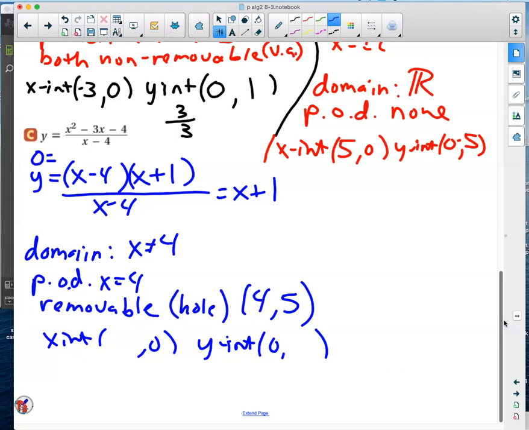So it can't be an x-intercept. So we just have to take -1. That's where it's going to cross. And now we'll take our 0 and put it in for the x's. 0 minus 4 over 0 minus 4. Hey, that's 1. So not only did we find some stuff that won't show up on the graph, but we're finding some things that will show up, the x-intercept and the y-intercept. That's it.